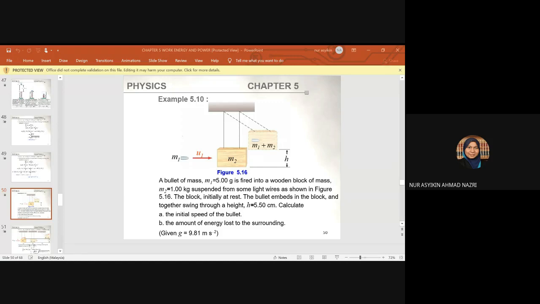Calculate the initial speed of the bullet. So to calculate the initial speed of the bullet, let's see the case first before jumping in to use conservation of energy or conservation of momentum.